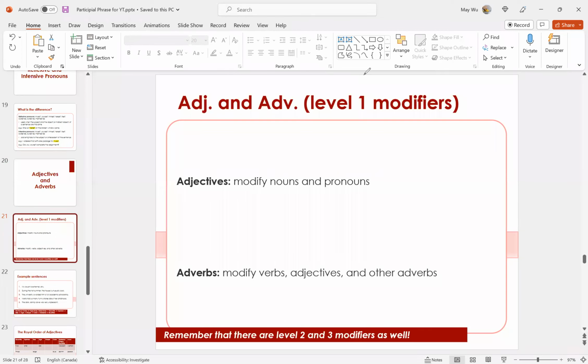Let's say there is a beautiful woman. So we know that the word beautiful is modifying the noun woman, and that makes it an adjective. What about a and the?